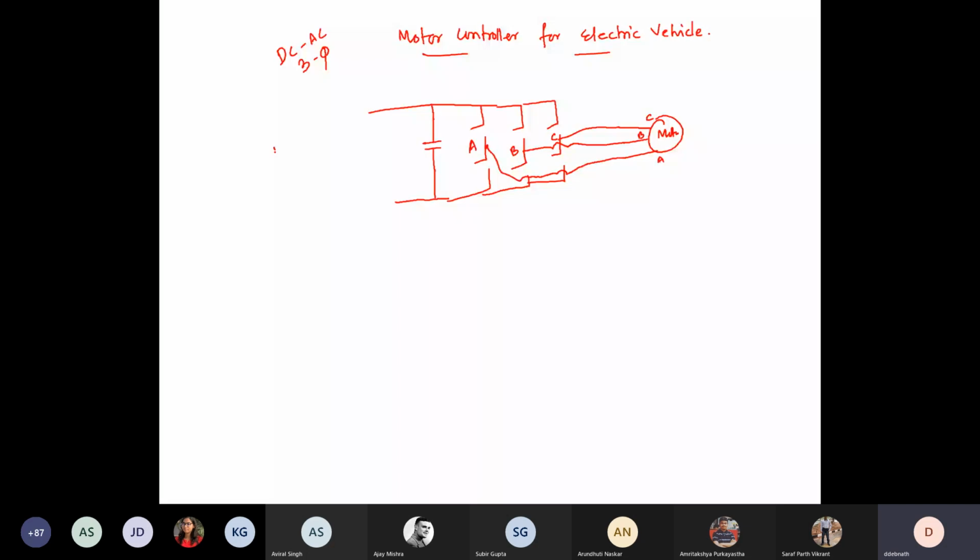Right. So to control this kind of inverter or system, what are the components that we need? What are the components that are required to build such a system? What do you think? What are the things that you need to build such a solution?